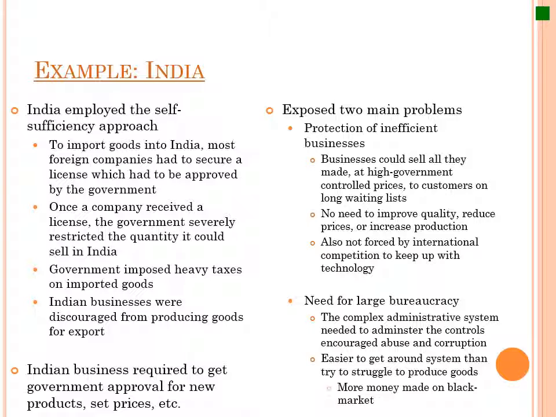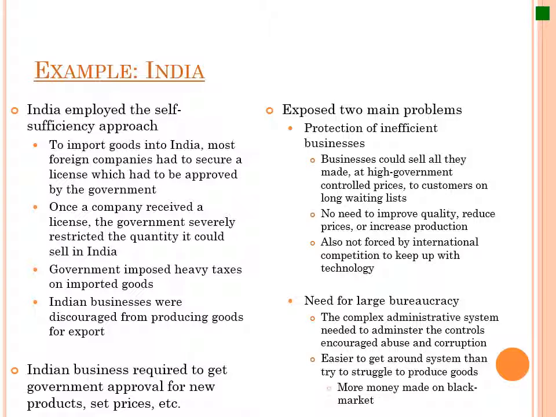If Indians were going to import goods from other countries, there was a lot of bureaucratic activity. They had to secure a license. Once a company got a license, they were restricted in how much they could sell in India. There were heavy tariffs on imported goods, and Indian businesses were discouraged from importing foreign goods.